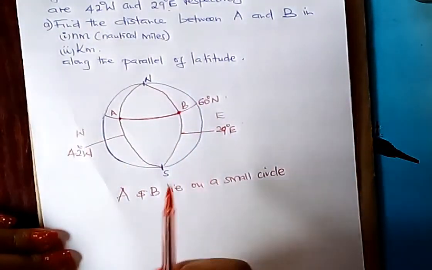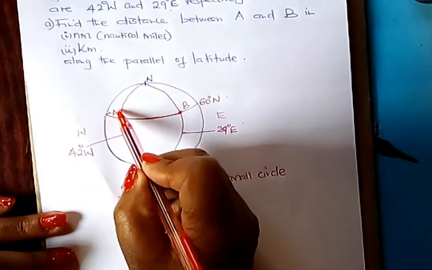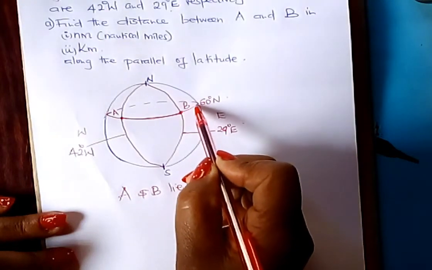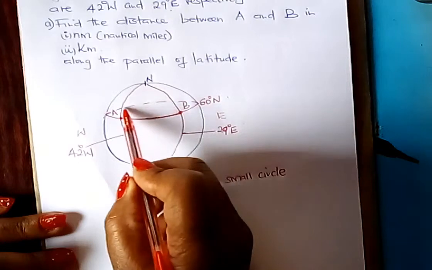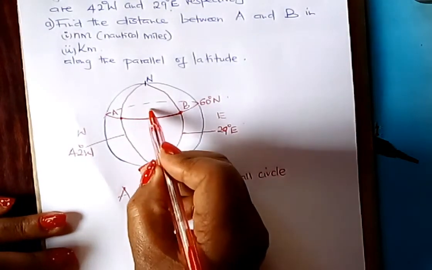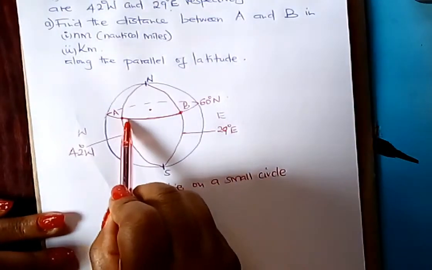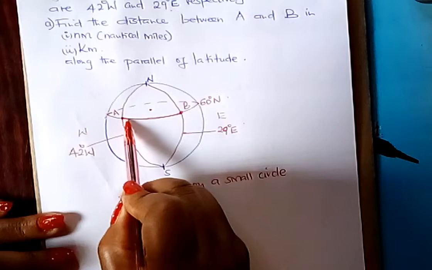Then, if they lie on the same circle, complete that small circle. You can complete it using broken lines like that. So this is our small circle, Lana. Put its center there.